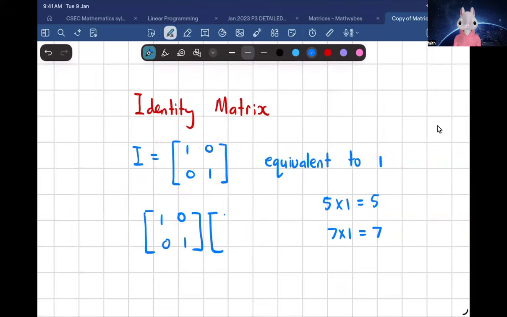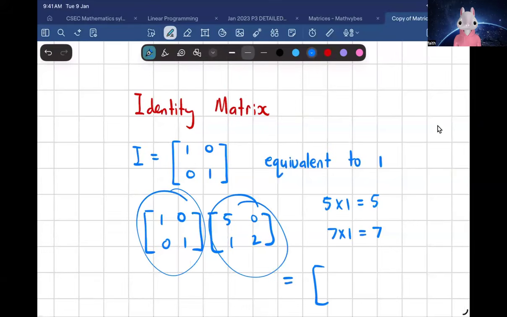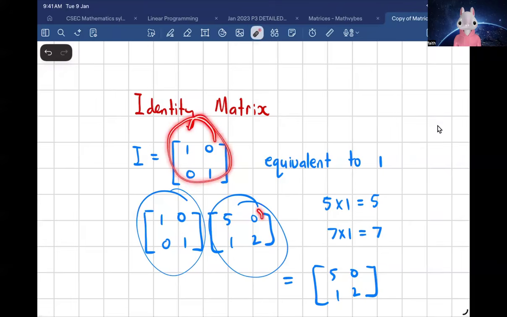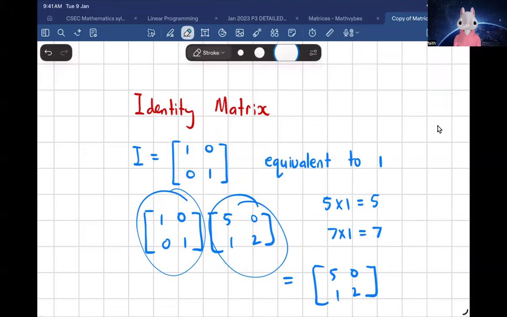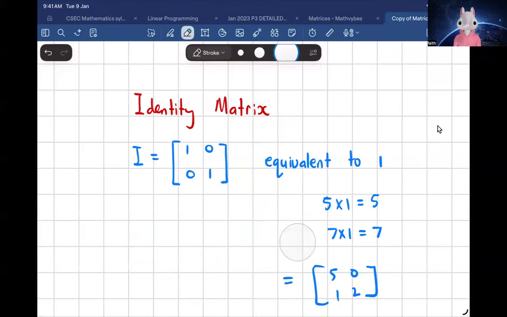Take, for instance, 5012: if I multiply this matrix by this, I'm going to get back 5012. That's why it's equivalent to 1, because anything you multiply 1 by, you get back the original number. Any matrix I multiply this by, I get back the original matrix. So that's the concept of the identity matrix: anything by the identity matrix is itself.